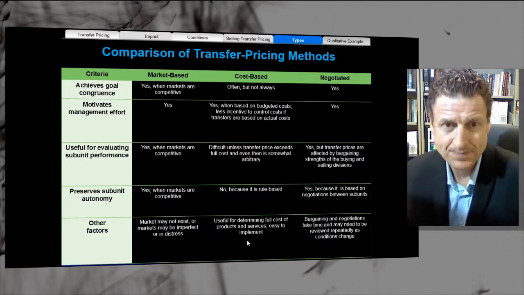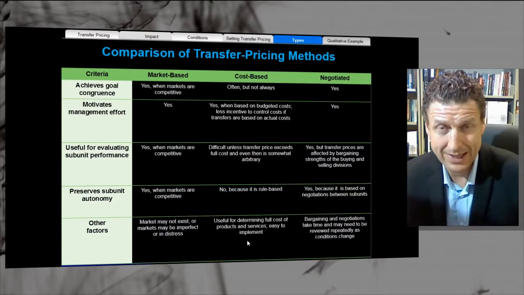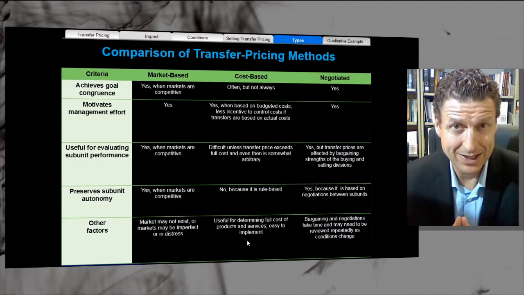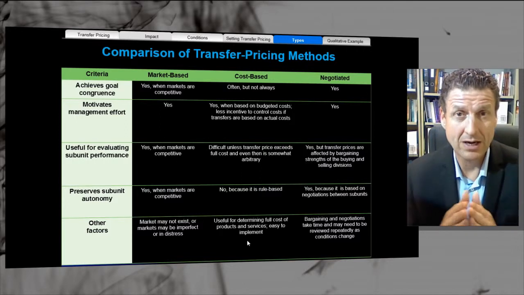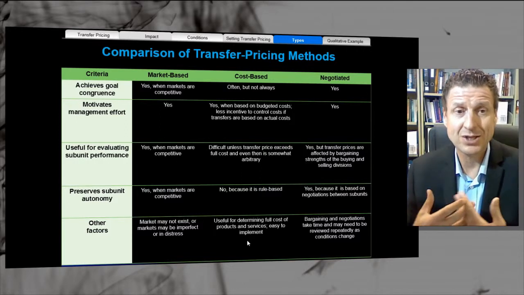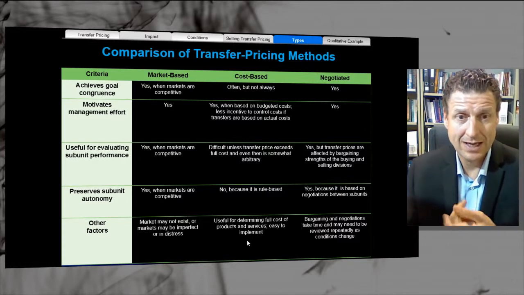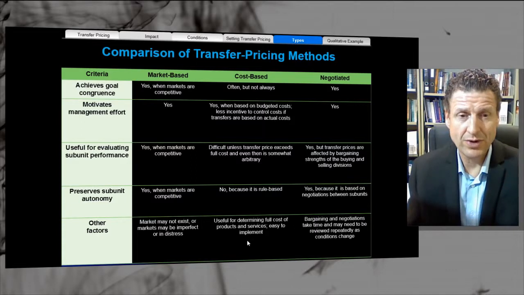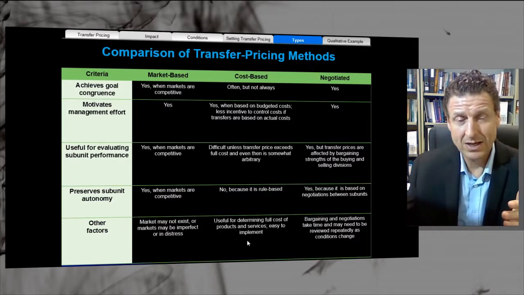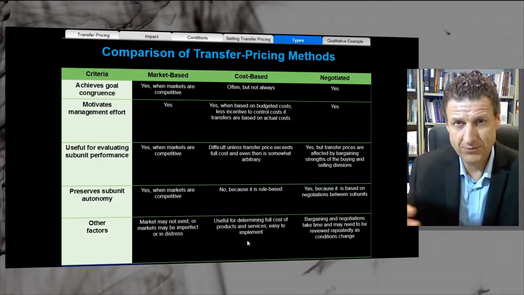So let's have a look at how we might apply these different rationales of using transfer pricing. As I said earlier, it achieves goal congruence, motivates managerial effort, is used for evaluating subunit performance, preserves subunit autonomy, and there may be other factors, but what I've said previously was 3 factors.